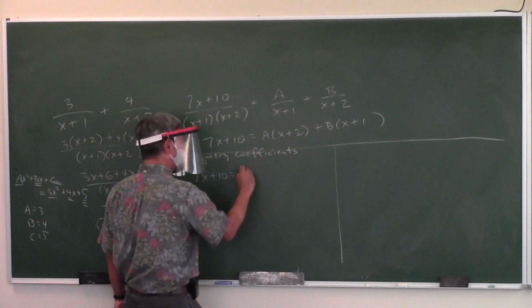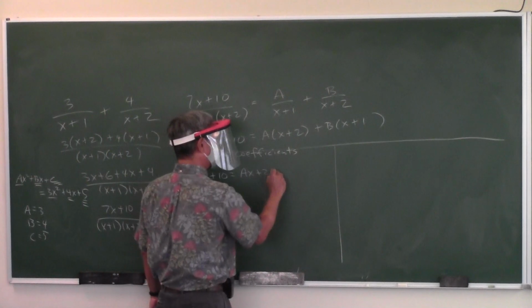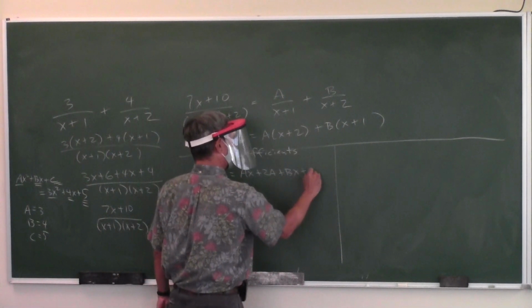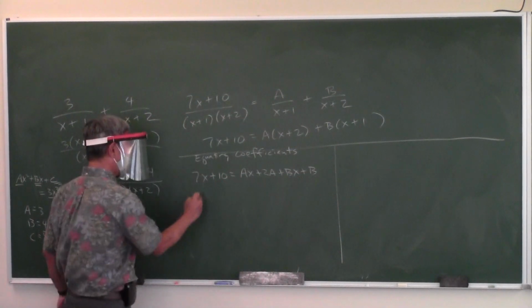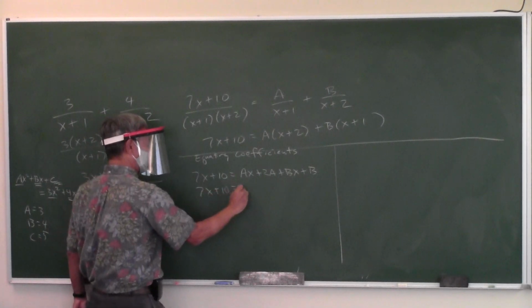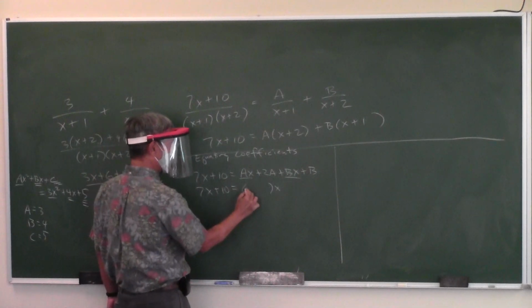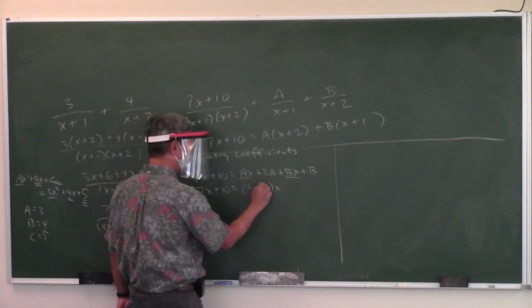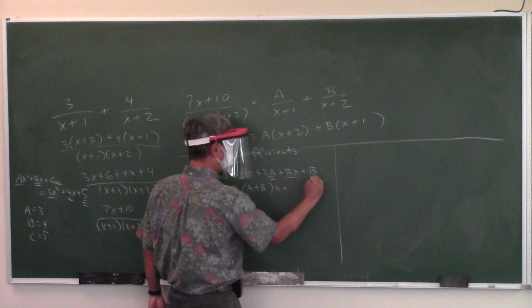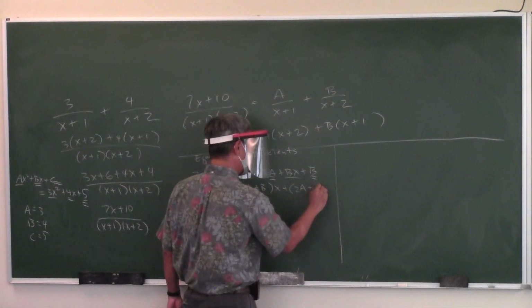Multiply out the right side. Gather the like terms. Okay, so here are the two x terms. If I factor out the x, what's the coefficient? A plus b. And then the two constant terms are these, so that's 2a plus b.